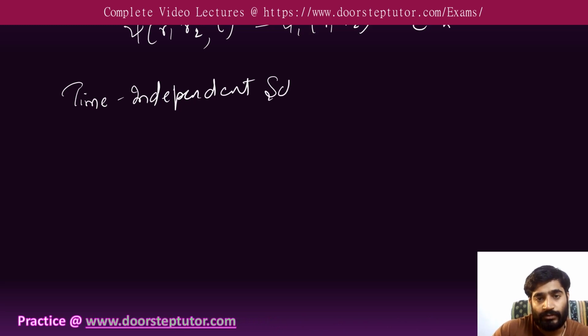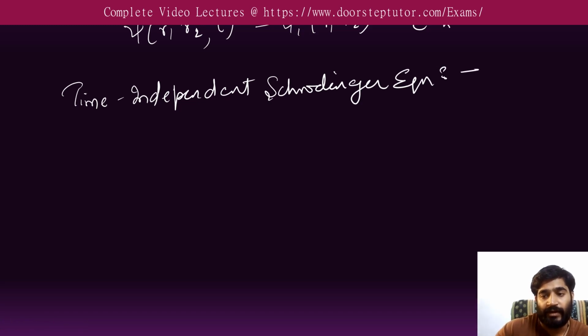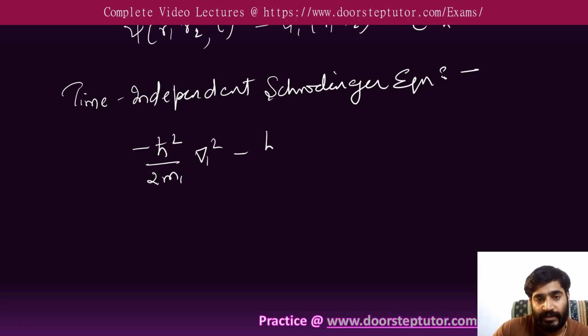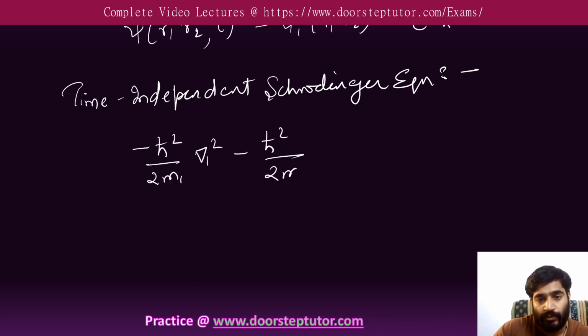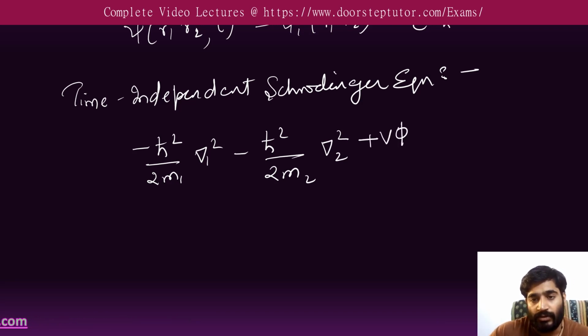But when we talk about the time independent Schrodinger equation, then it is quite different, and it is minus h cut square over 2m1 for the first particle, del 1 square, minus h cut square over 2m2 for the second particle, del 2 square, plus V of psi, sorry, it must be psi.